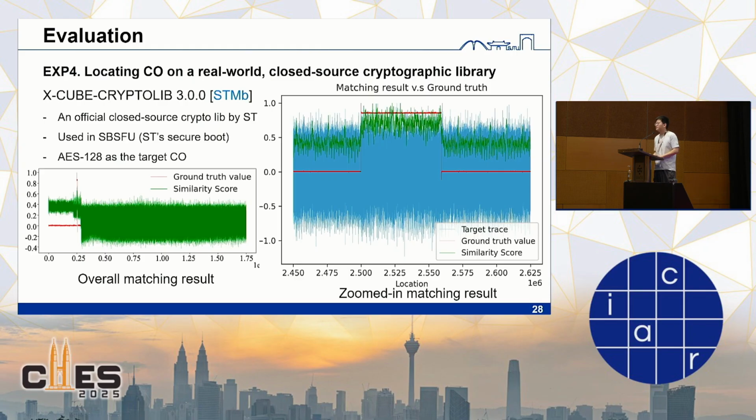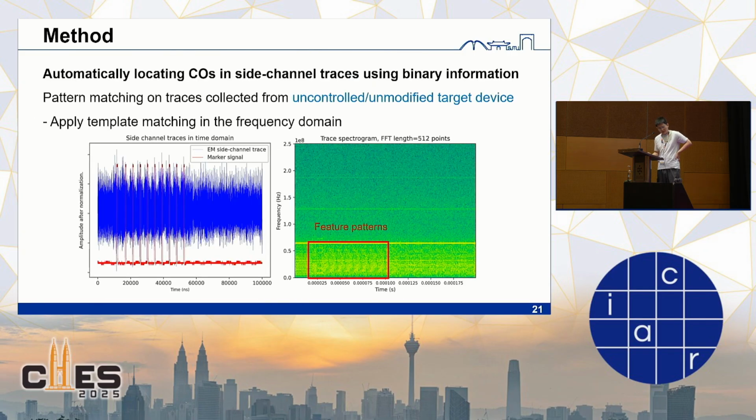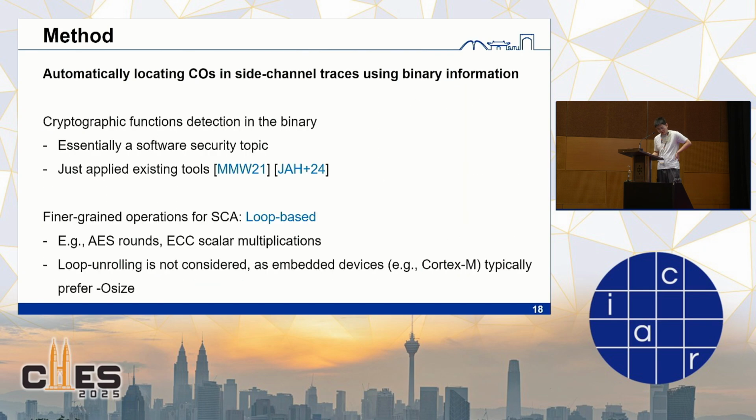Another question: your work depends on locating and marking the branch instructions, maybe loops in the code. So what if there is loop unrolling? I know your point. There is one statement in my slides and in our paper that loop unrolling is not considered right now.